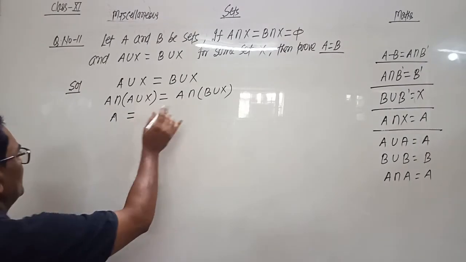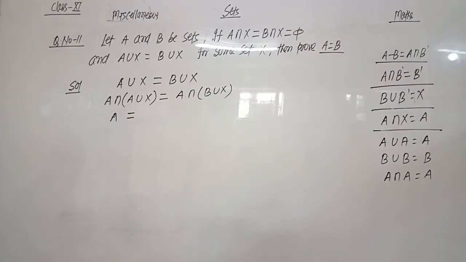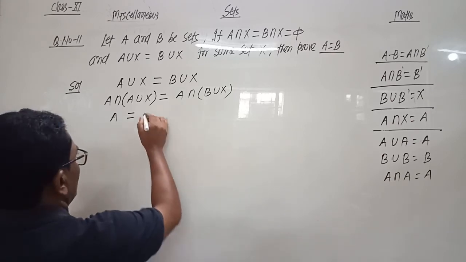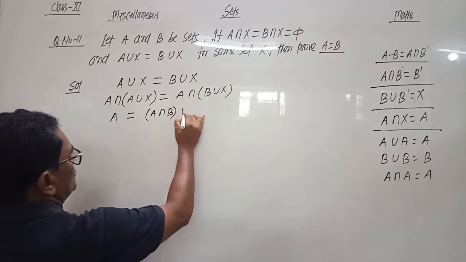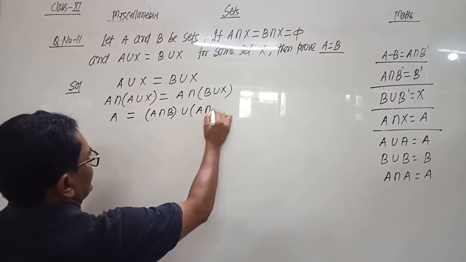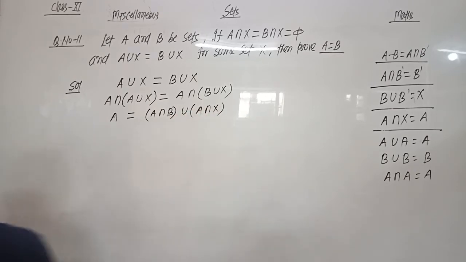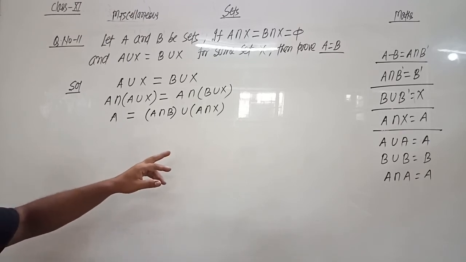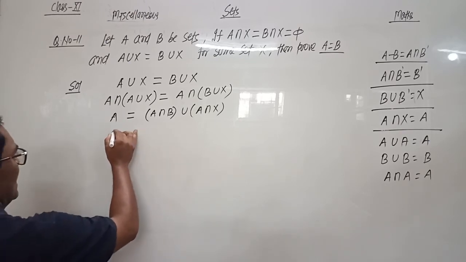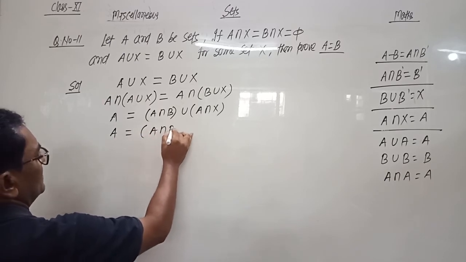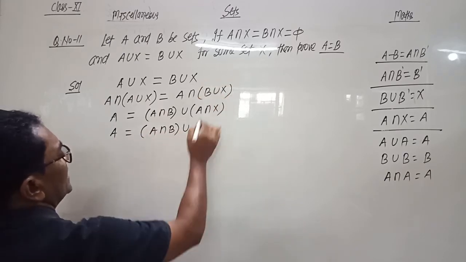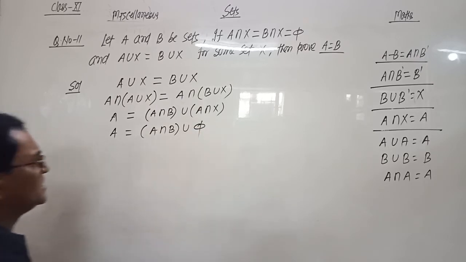And here we use the distributive property. So we write (A intersection B) union (A intersection X). A intersection X is given as phi.